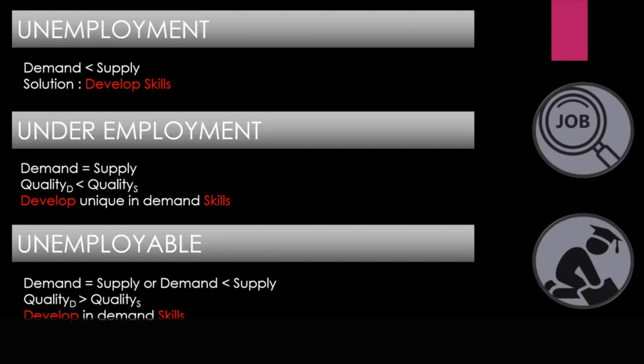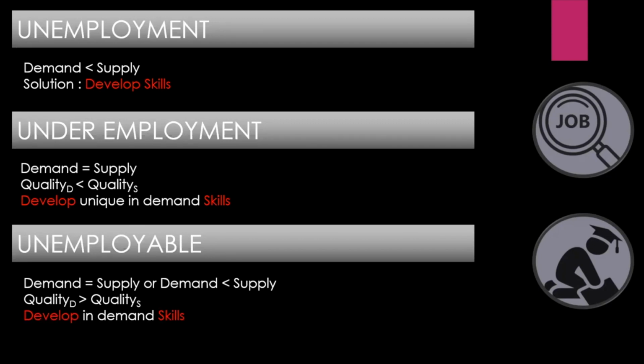Supply is more than demand, and you can only cut through this unemployment if you develop and hone your skills. Underemployment is a scenario where the demand might be equal to the supply, but the quality of the demand is very less in comparison to the supply. So you end up having jobs which underpay you or underutilize your skill set.